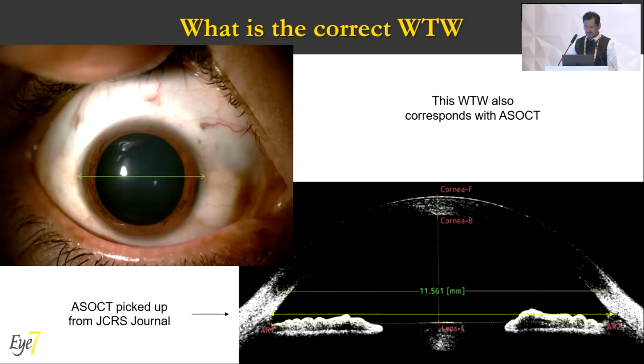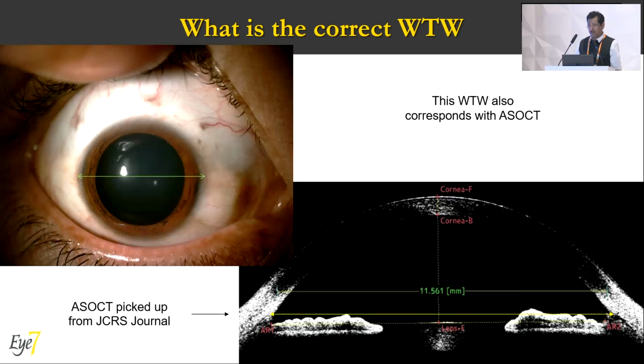Understanding these metrics, here is what I picked up from one of the journals, JCRS. And they said that 11.56 is what is from this part of the V to this part of the V. So the journals are also talking about what is actually a true white to white.